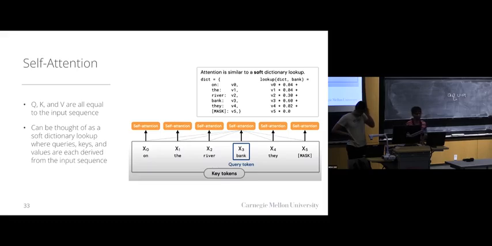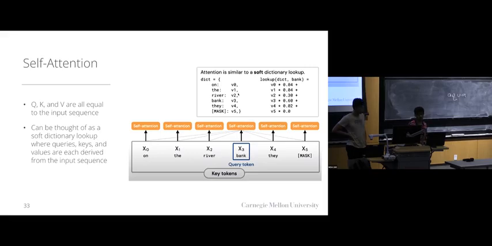It might sound a little bit strange, but you can look at it as a soft dictionary lookup, where each of the keys are your individual elements in your sequence. Your query is one of those elements, and that dot product measures the similarity between the query and each of the keys.